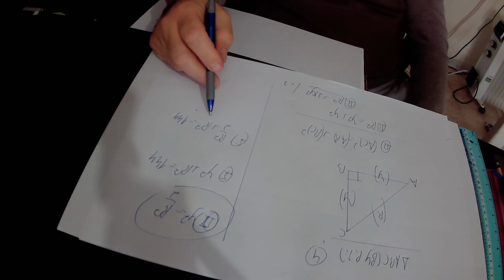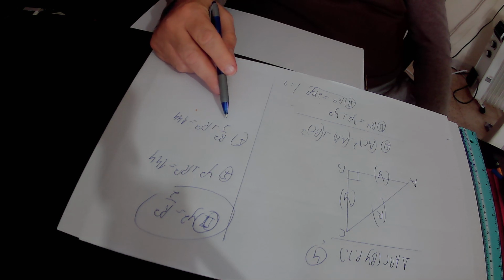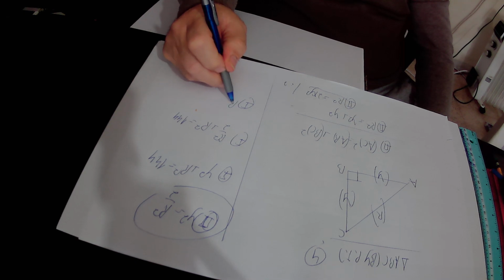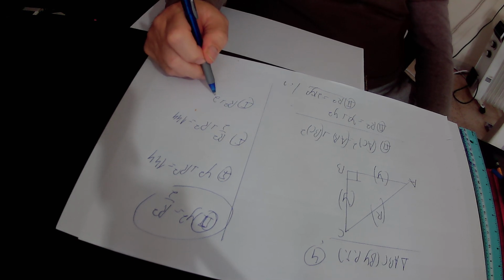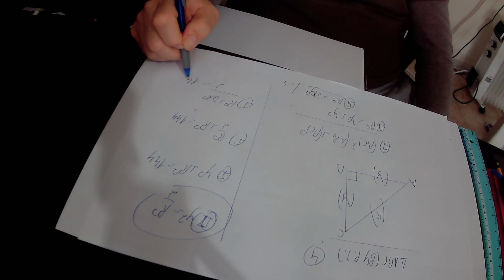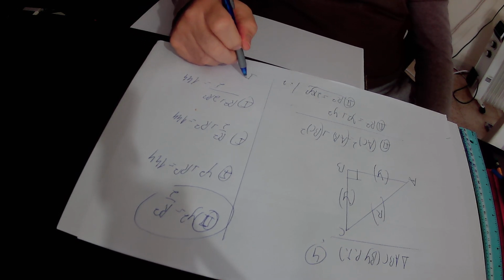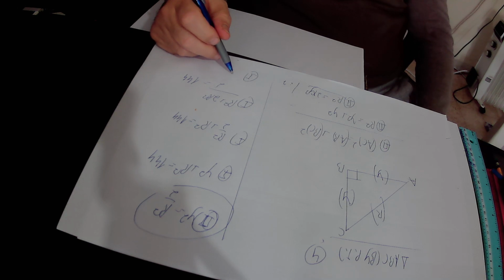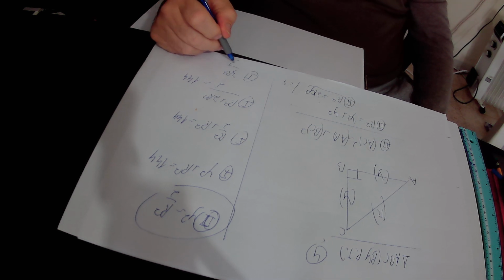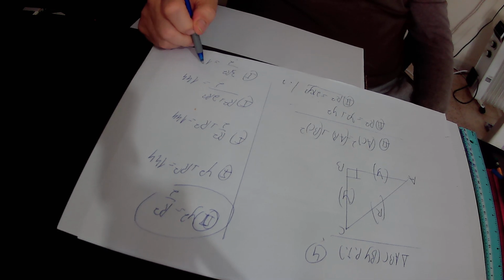Here we divide R square by 2 and then we multiply it by 2 in order to have a common factor with R square over 2. And we get that R square plus 2R square over 2 equals to 144. R square plus 2R square is 3R square over 2, that equals to 144.